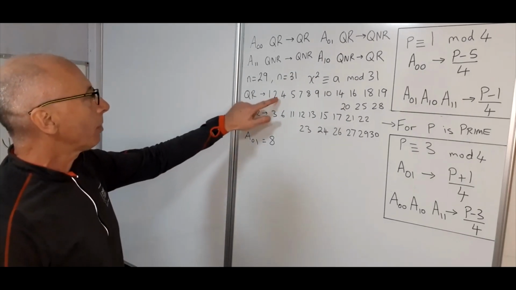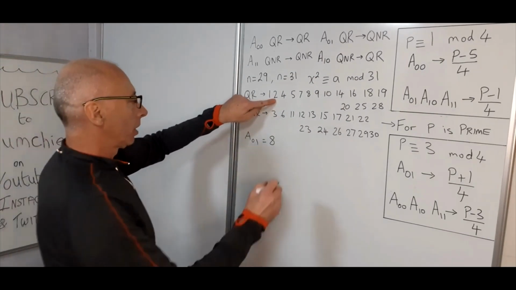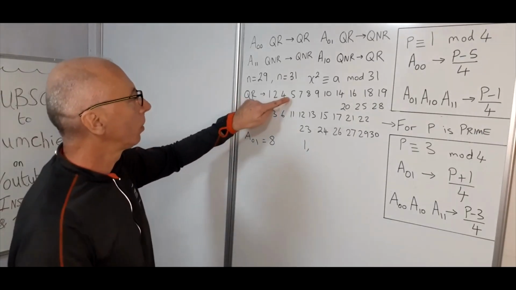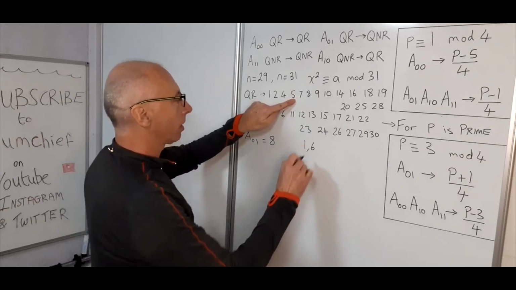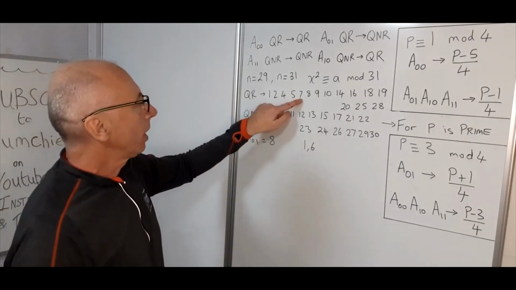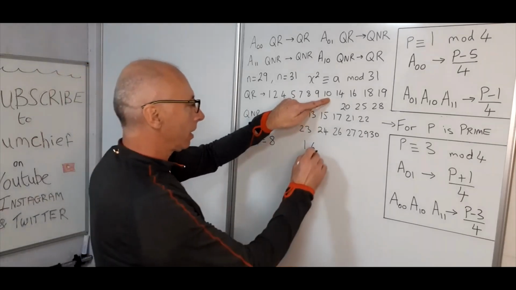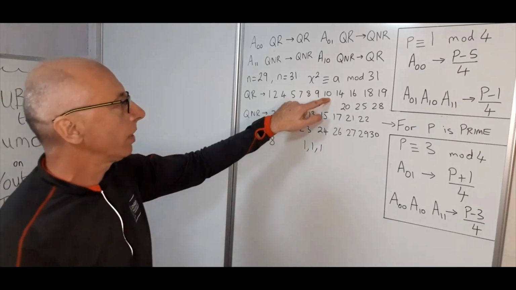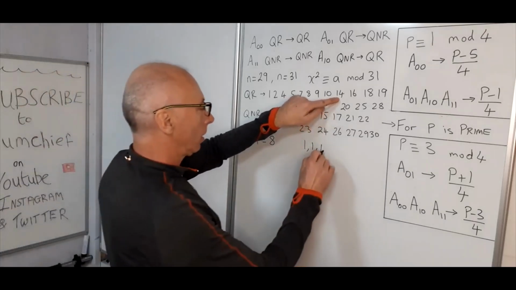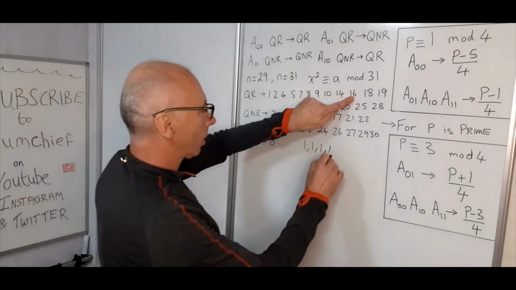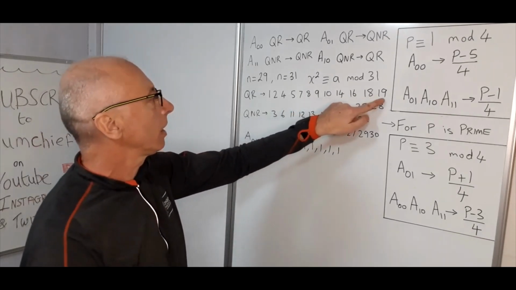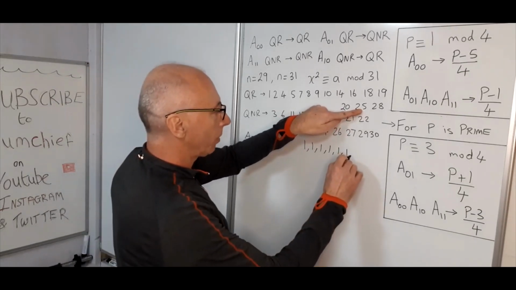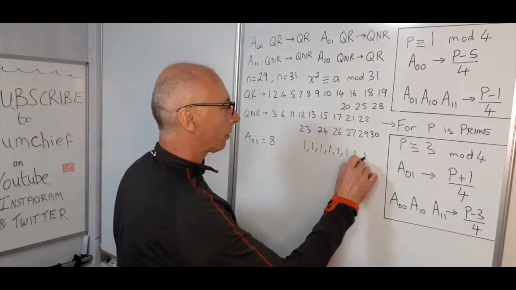Okay, so if there are gaps in this table, those are the ones we want to count. So 2 leads to 3, so that's 1, 4, 5, 5 then leads to 6, then we've got 7, 8, 9, 10, 10 leads to 11, then we've got 14, a gap after it, 16 has a gap after it, 17, 18, 19, 20, 20 has a gap after it, 25 has a gap after it, and 28 has a gap after it.